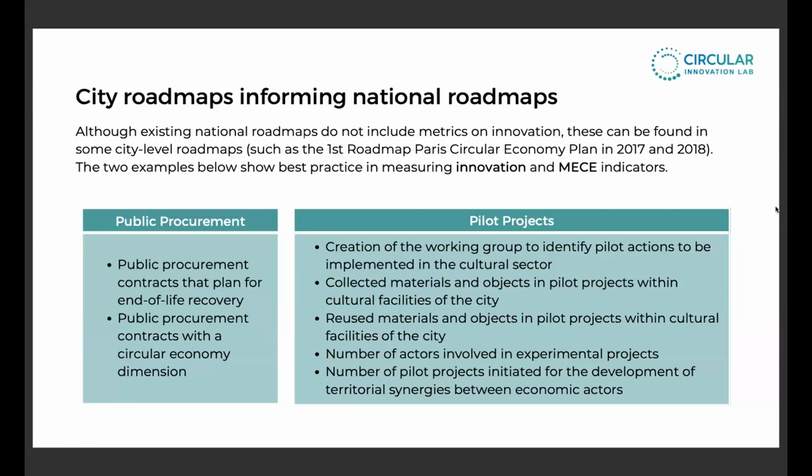In fact, the Paris Circular Economy Plan was the first roadmap that also included societal and economic indicators to measure progress, and it included end of life recovery and innovation and design changes in the circular economy. There was also clear mention of pilot projects, with many indicators covering policy steps, quantity of reused materials, and number of actors involved in the pilots. So everything was very detailed, and we should look at it as one of the best practices.